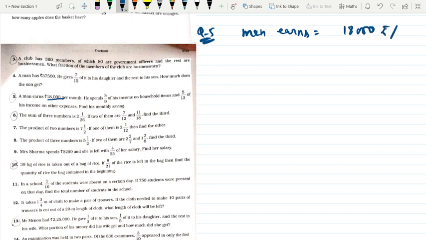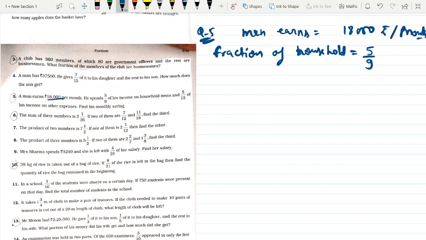18,000 rupees per month. All right. Now the fraction of the household. In this question, how much is it given for the fraction of the household? 5/9.